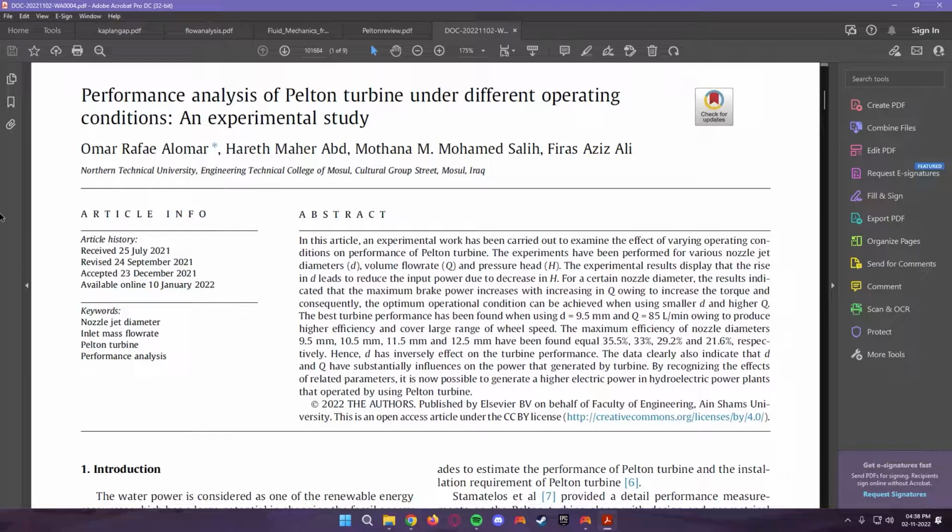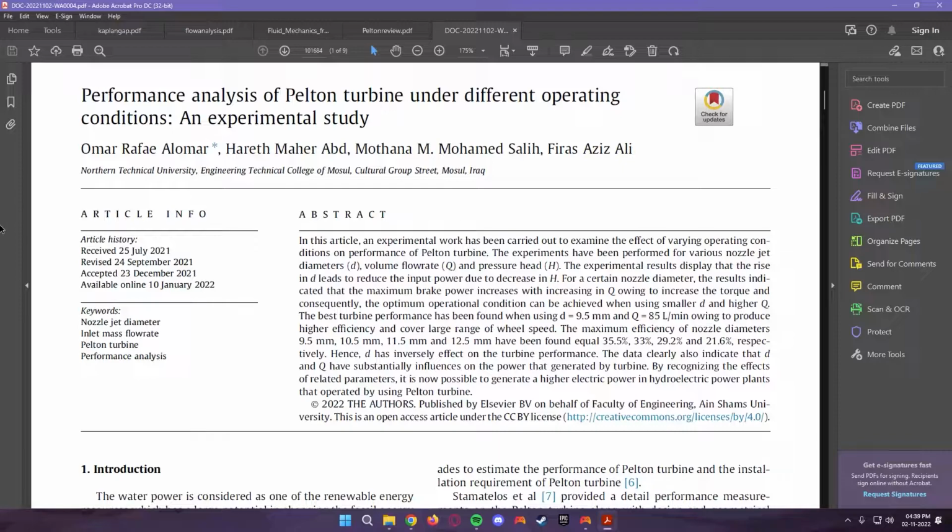The experimental results show that a rise in D leads to reduced input power due to a decrease in H for a certain nozzle diameter. The results indicate that the maximum brake power increases with increasing Q owing to increased torque, and consequently optimized operating conditions can be achieved by using a smaller D and higher Q.